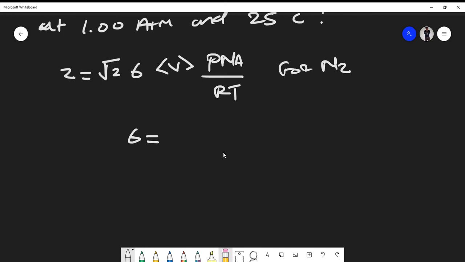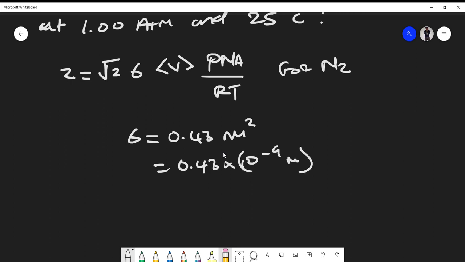Sigma is a number we look up, and for nitrogen it is actually 0.43 nanometers squared. Converting this, it is about 0.43 times 10 to the negative 9 meters, squared. And so in SI units, this is equal to about 4.3 times 10 to the negative 19 meters squared.